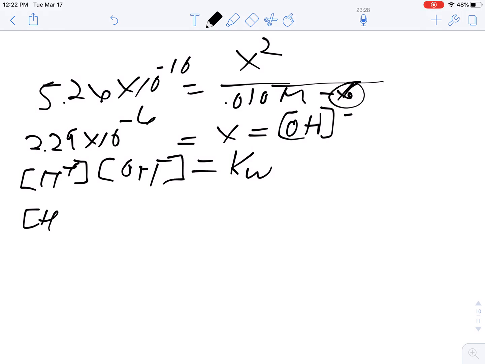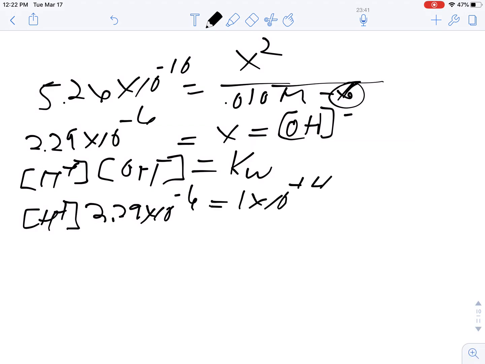So the concentration of H+ is going to be 4.36 times 10 to the negative 9th.